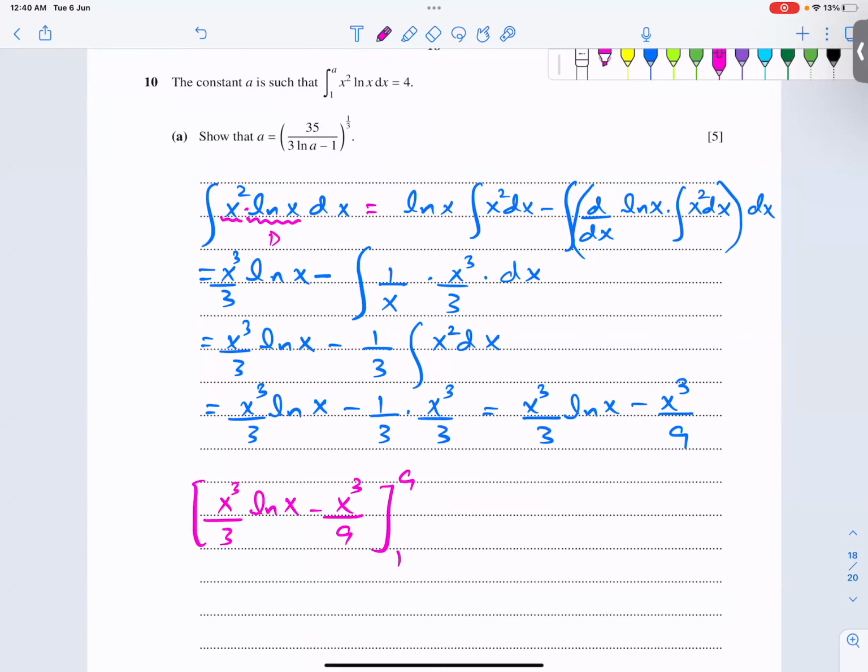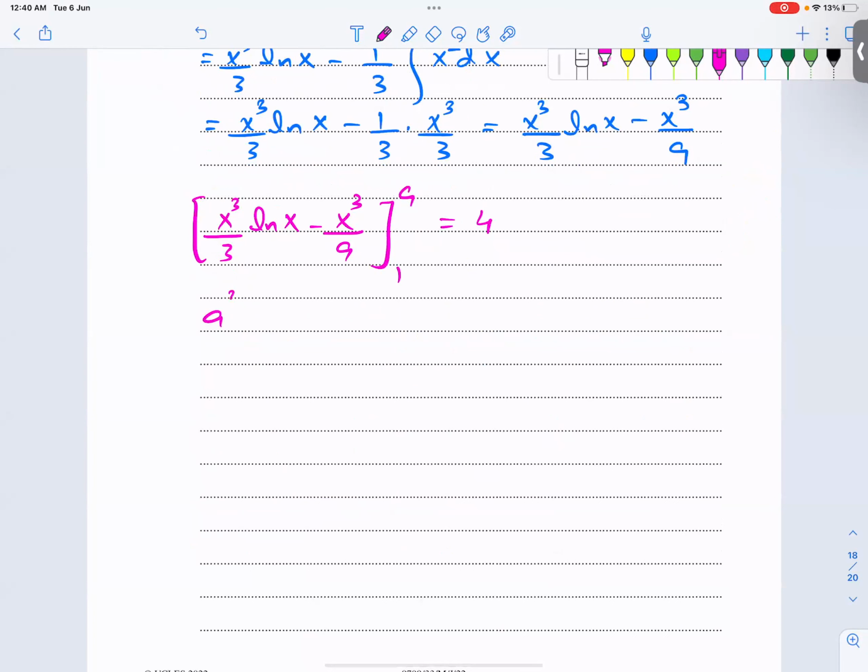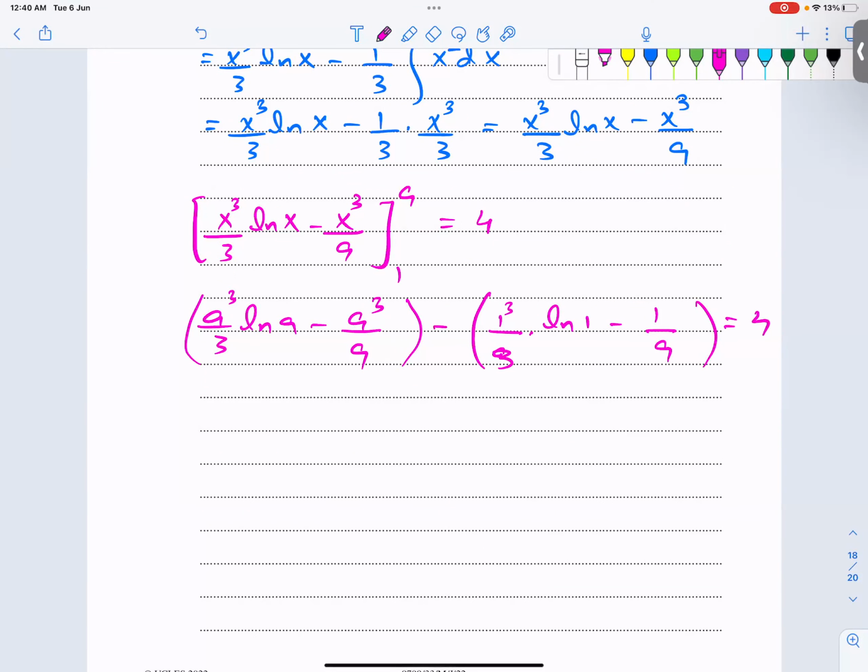Okay. Now put the limit: a cube over 3 ln a minus a cube over 9, minus, if you put 1 in the above, you will get 1 cube over 3 into ln of 1, which is 0, minus 1 over 9, is equal to 4. Okay.